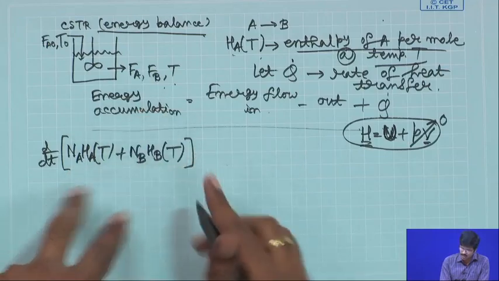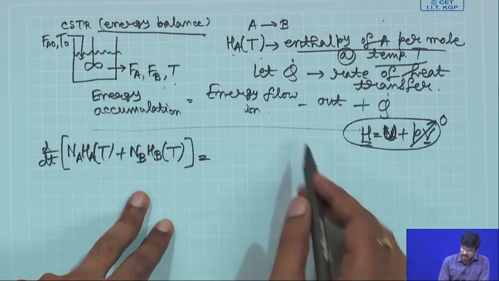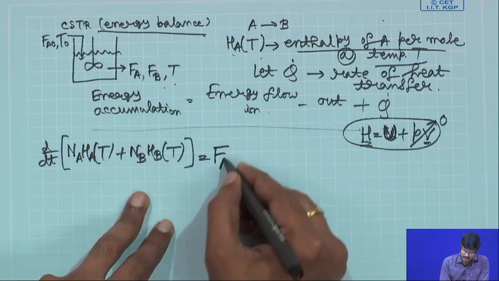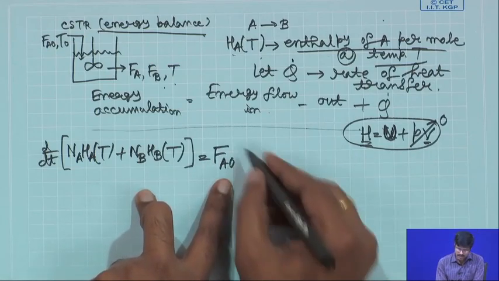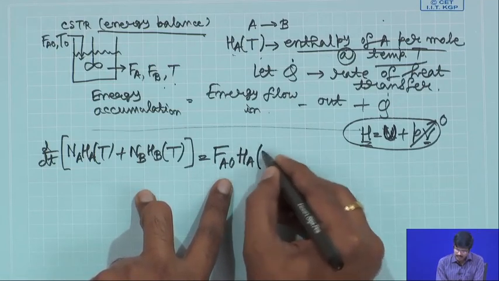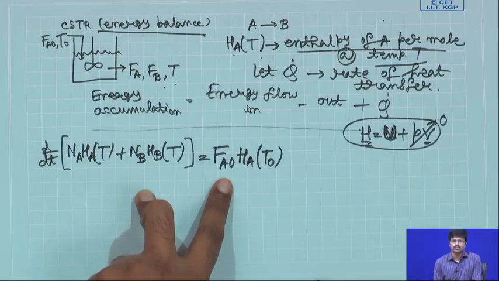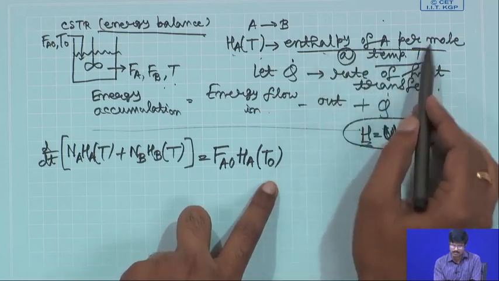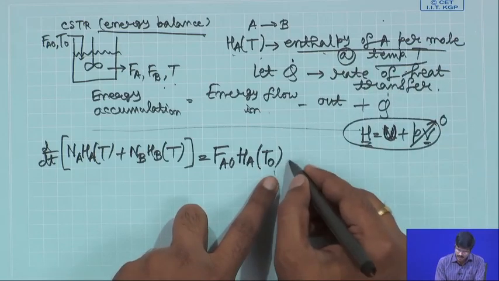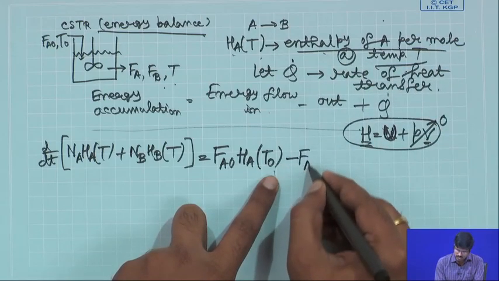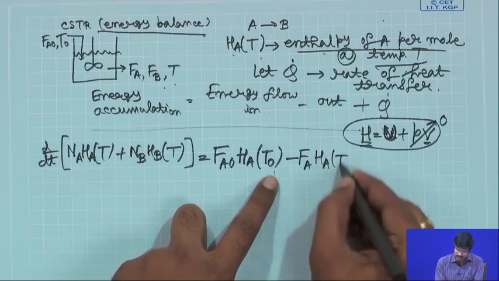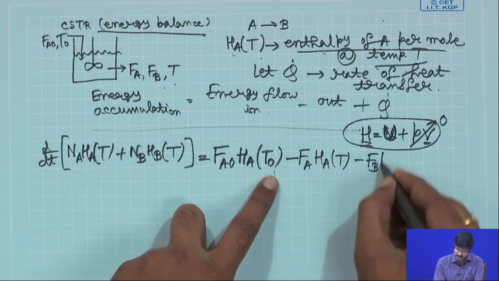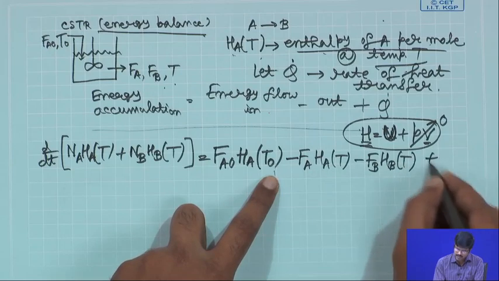This energy accumulation is equal to the energy flow in, which is Fa0, the molar flow rate in, times Ha at T0, because Ha at T0 is the enthalpy of A per mole at temperature T0. For energy flow out, two terms will be there, one term for A and one term for B, plus Q dot.